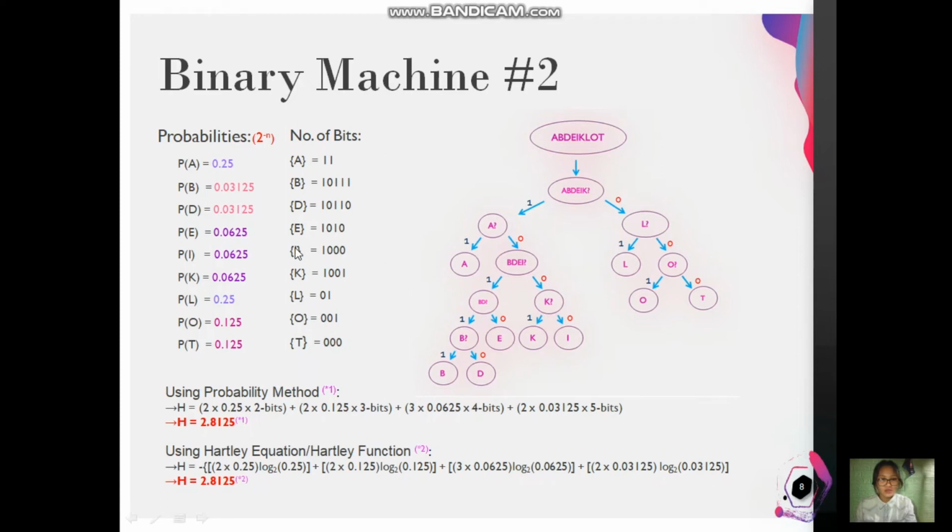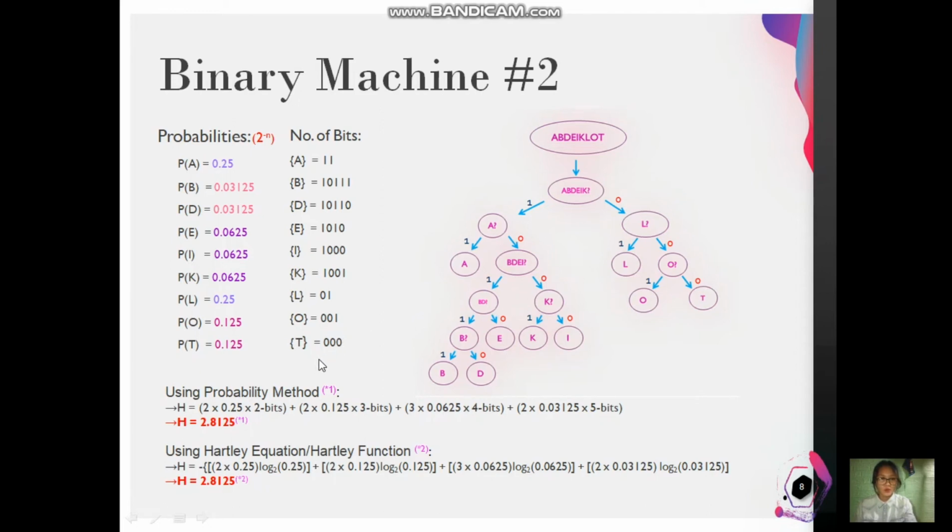This is also the same for letters I and K. For letter I, it is 1, 0, 0, 0. For letter K, it is 1, 0, 0, 1. For letter L, it is 0, 1. For letter O, it is 0, 0, 1. And for letter T, it is 0, 0, 0.